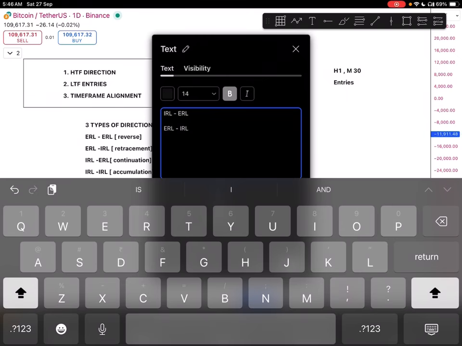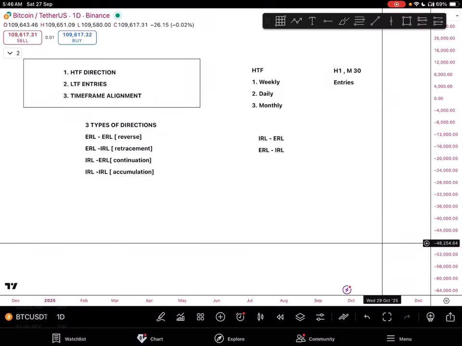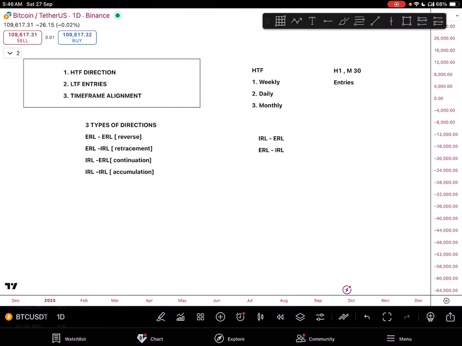So we concentrate on retracement and continuation, these two types of moves. Before confirming the higher time frame direction, you always start with weekly, then daily and monthly.